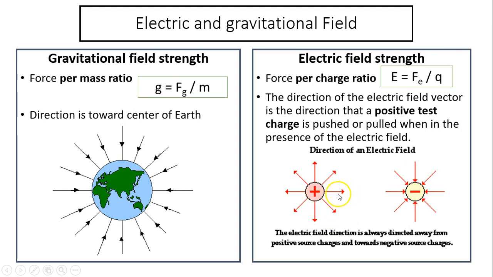It's away from positive because if I put a positive charge here, it's going to repel the positive, and it's going to move along the line. Toward the negative is the same thing. If I put a positive charge over here, it's going to move toward a negative.